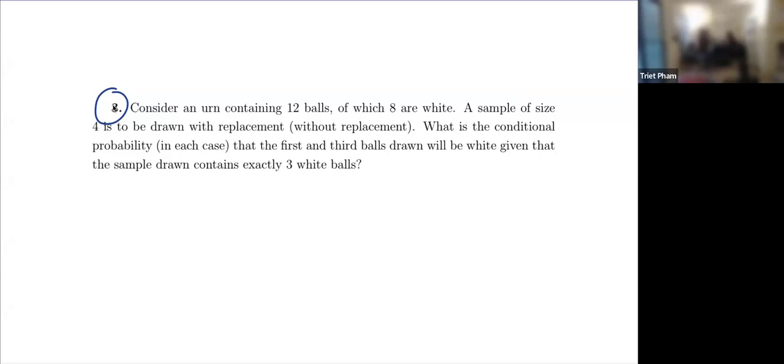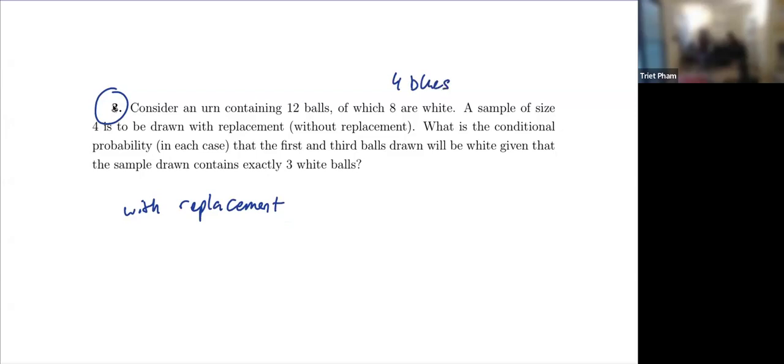Oh, by the way, there are actually two questions here: with replacement and without replacement. So let us do the with replacement case only. We'll leave the rest for next time. So basically, the urn has 8 white and 4 blue, whatever, 4 black.